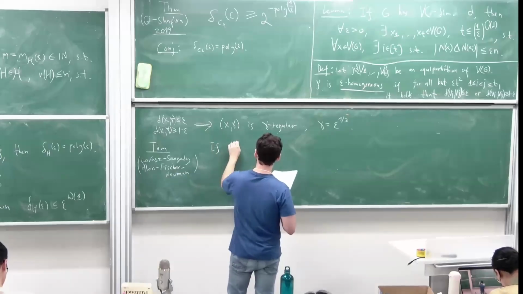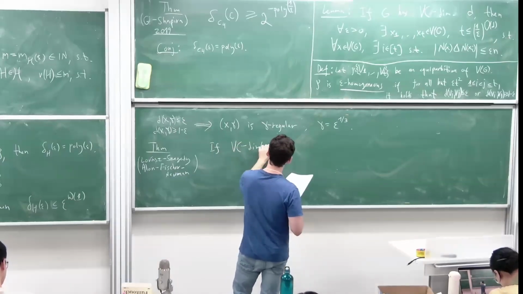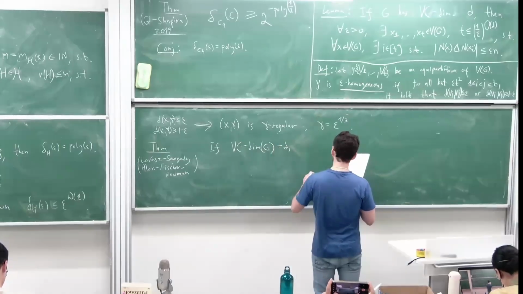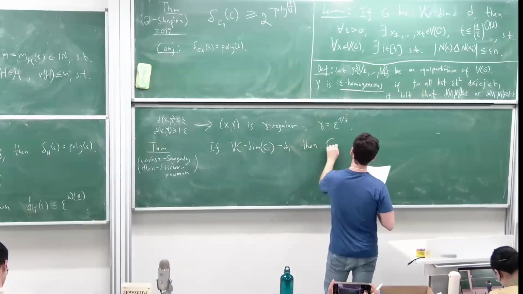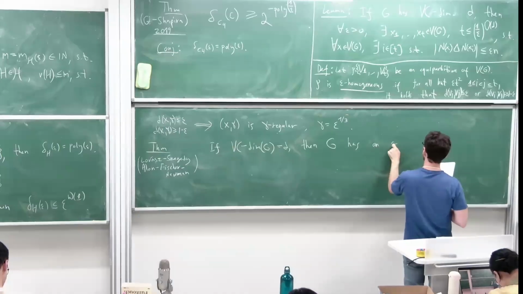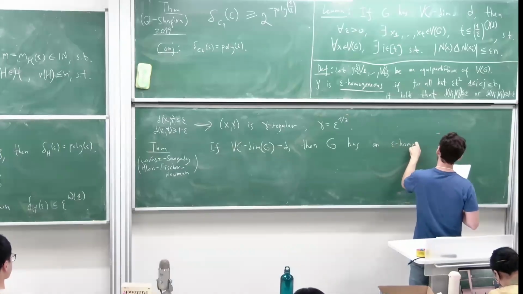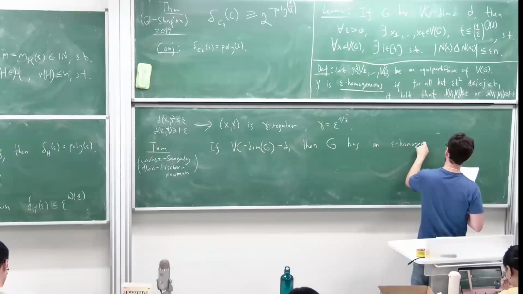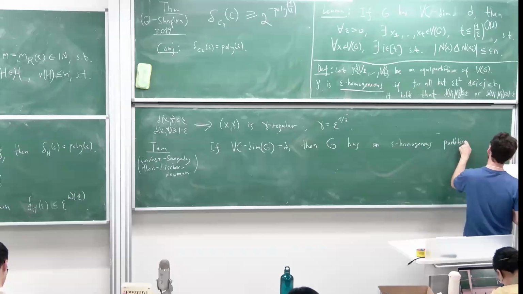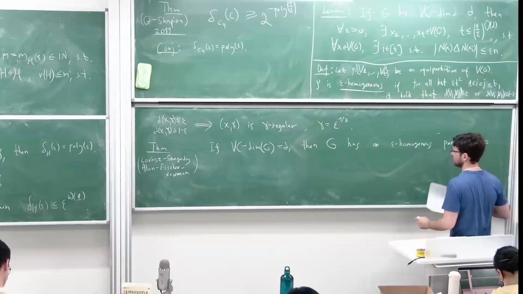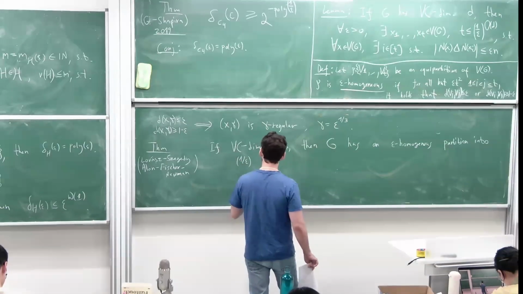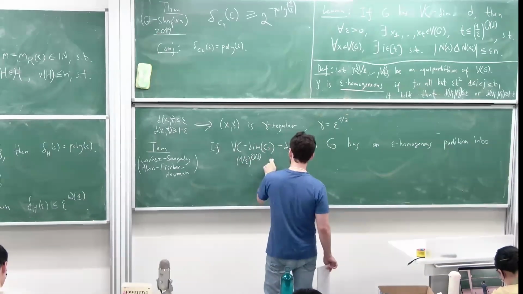If the VC dimension of G is d, then G has an epsilon homogeneous partition into only 1 over epsilon to the O(d) parts.